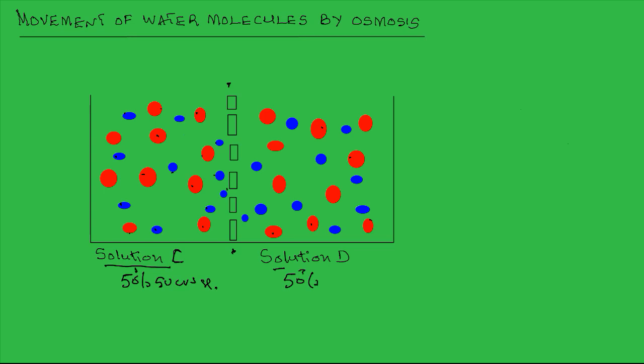Solution C and D are isotonic. So what happens in terms of movement of water molecules? There's an equal number of movement from one side to the other.